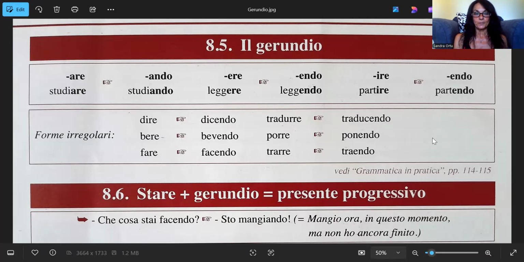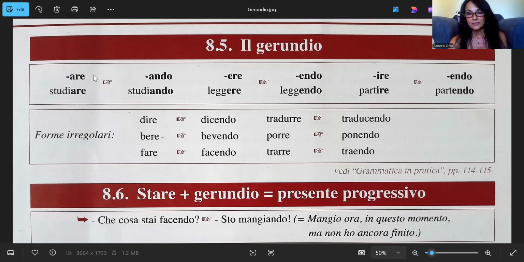So gerundio is a gerund in English, where in English you add ing to a verb. In Italian, as usual, we have the three groups, are, ere, and ire. This is quite straightforward because you're not learning many different endings.